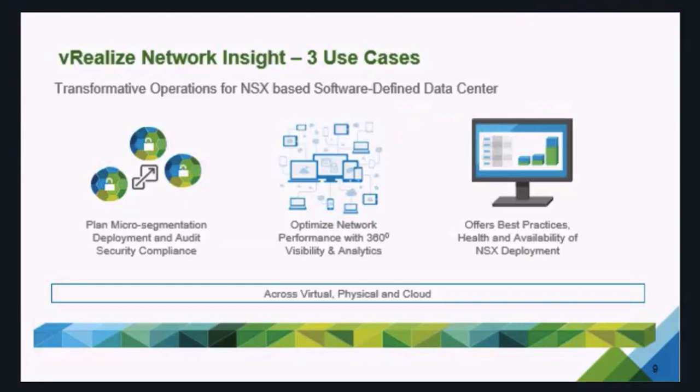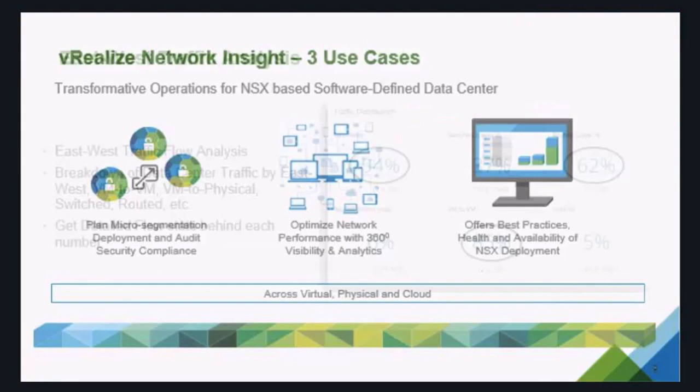So what vRNI provides is 360-degree visibility and analytics into both the virtual and physical network, showing the actual data flow. Lastly, we also provide best practices for the configuration of the NSX deployment. We also do health monitoring as well as availability, making sure that you're managing and complying with the best practices of setting up an NSX environment.